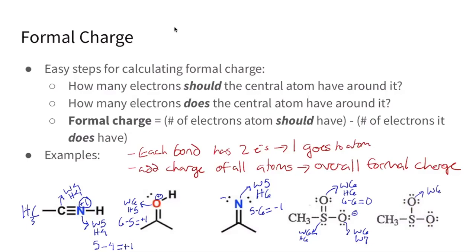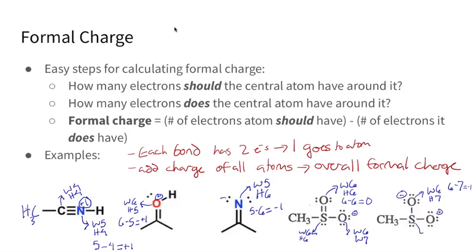Let's count how many it does have. 1, 2, 3, 4, 5, 6, 7. So both of these oxygens have 7 electrons around them. If I subtract 7 from 6, I get -1. So both of these oxygens have a minus charge.